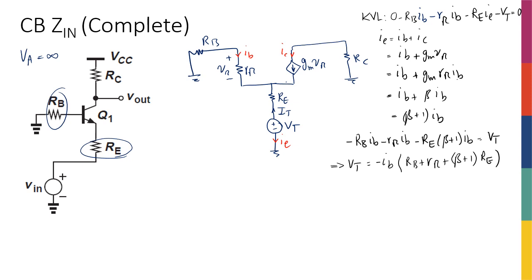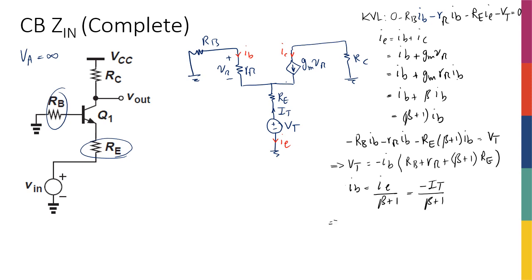Now I'm going to replace IB with IT. I know that IB is equal to IE divided by beta plus 1, and I know that IE is negative IT, so it's going to be negative IT divided by beta plus 1.